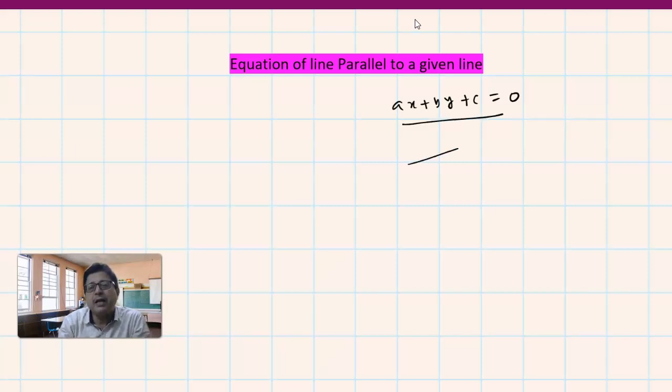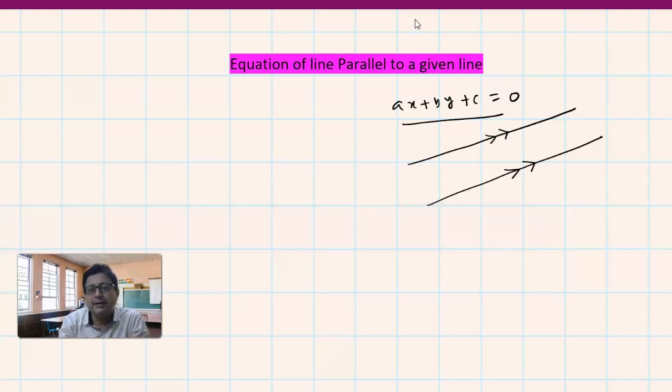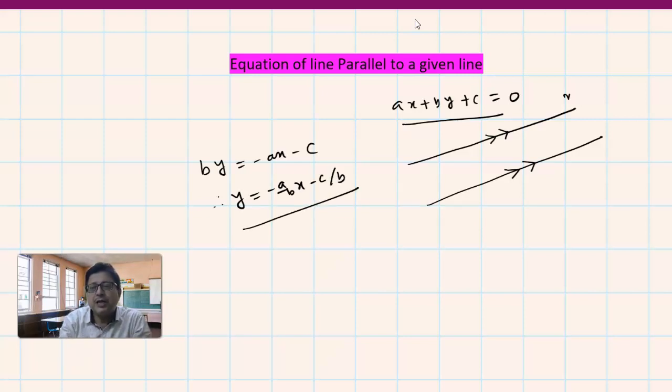A line parallel to this has a slope equal to the slope of this line. And you know the method to express this line in gradient form, that is by equal to minus ax minus c. Therefore, y equal to minus a by b x minus c by b. So this line has slope minus a by b.